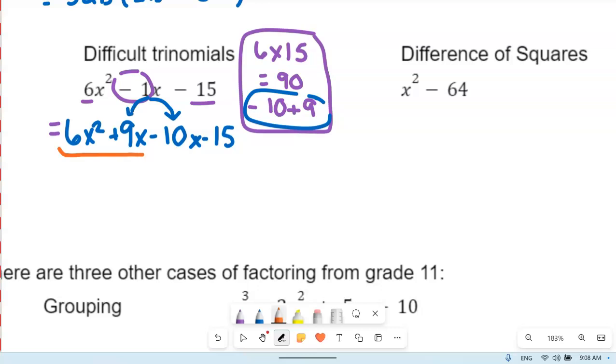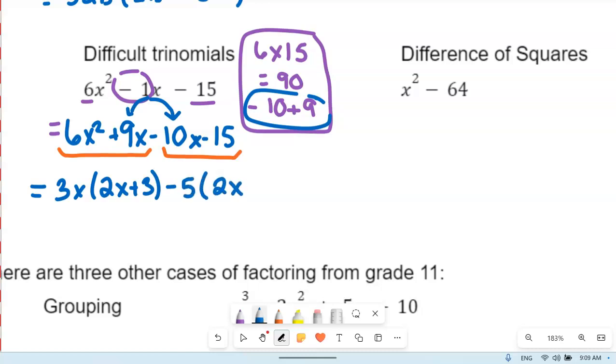After that, we're going to factor by grouping. So we're going to make 2 groups, and we're going to think about what the common factors are again. So common factor in the first group is 3x, which leaves us with 2x plus 3. Common factor in the second group is negative 5, which also leaves us with 2x plus 3, and I factored out that negative.